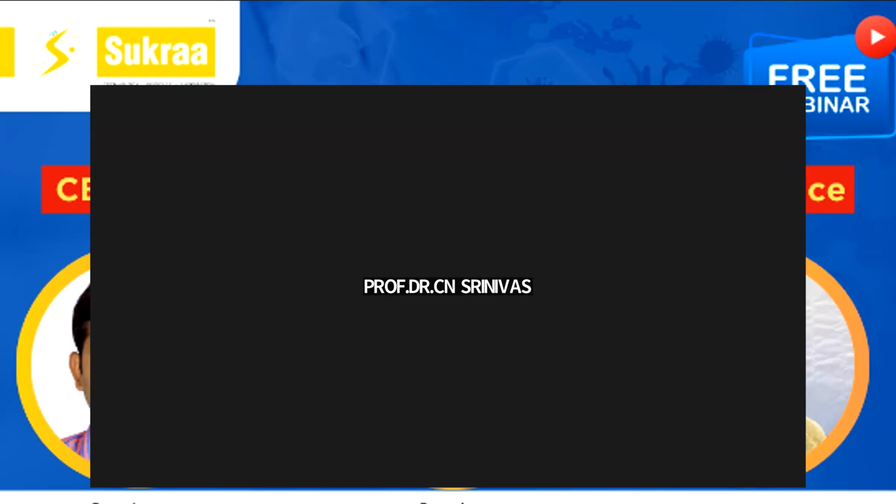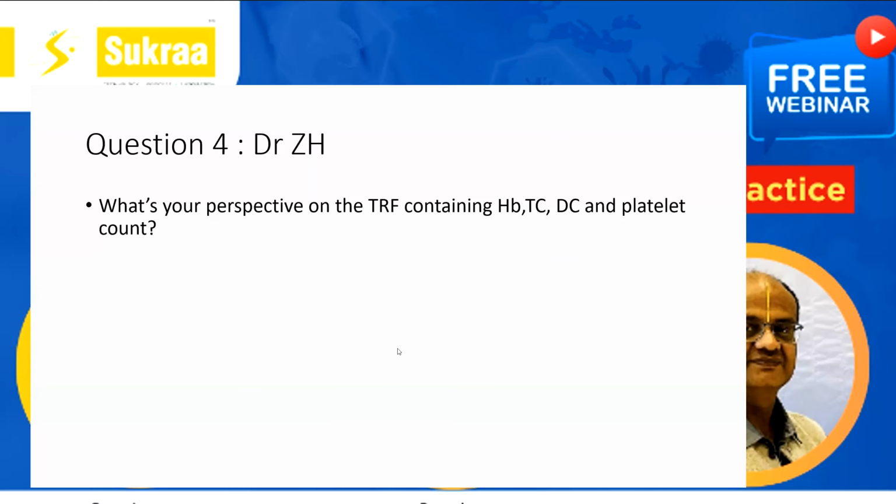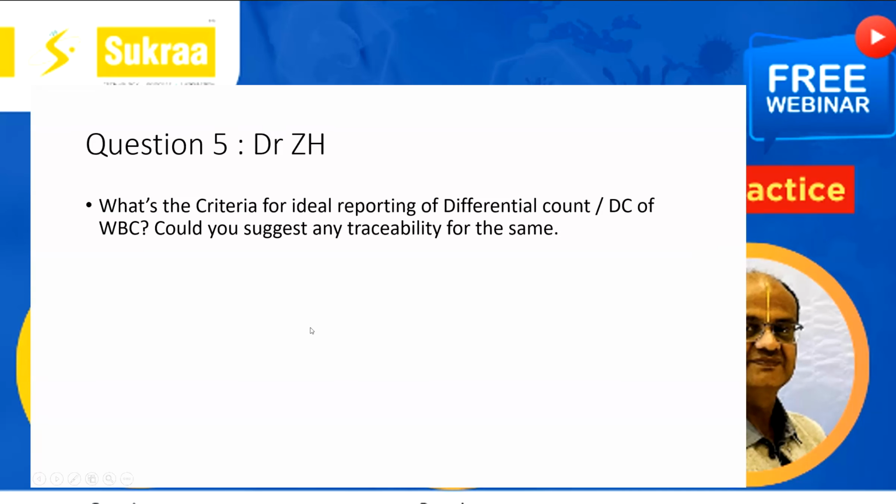So the last question for your session is this. What's the criteria for ideal reporting of the differential count of the WBC? And could you suggest any traceability for the same?